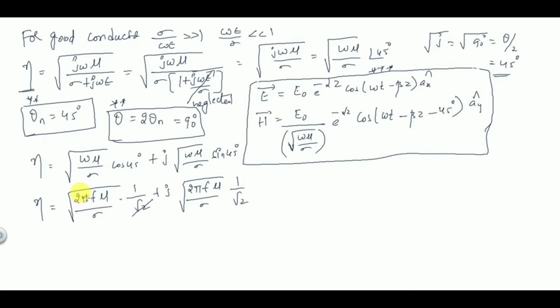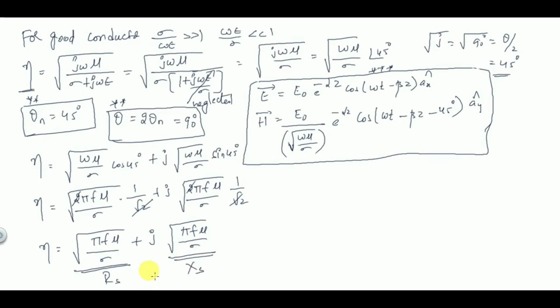So this root 2 gets cancelled. So eta is equal to root of pi f mu by sigma plus j into root of pi f mu by sigma. So this value is called RS and this value is represented by XS. So RS is equal to XS is equal to root of pi f mu by sigma.